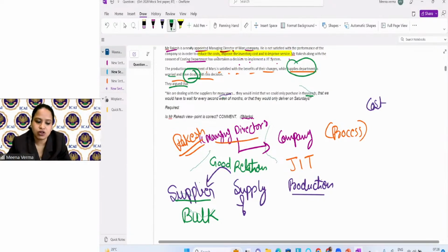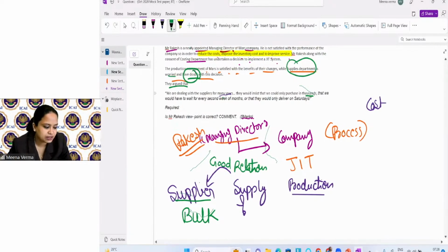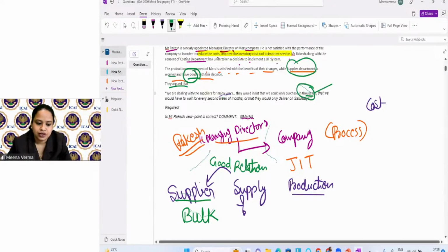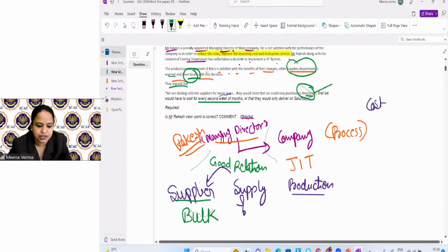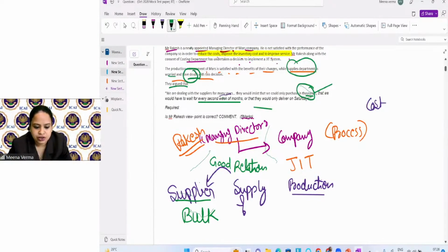The supplier will always supply the material in bulk, thousands of units together. We would have to wait for every second week, and they would only deliver on Saturday. The point is that they deliver the material every second week, that too on Saturday.